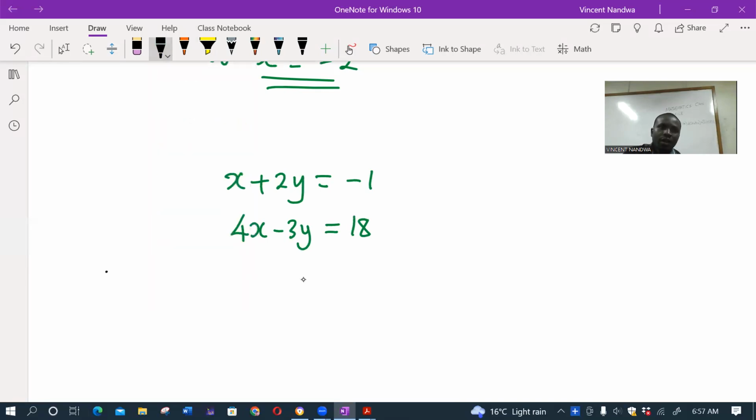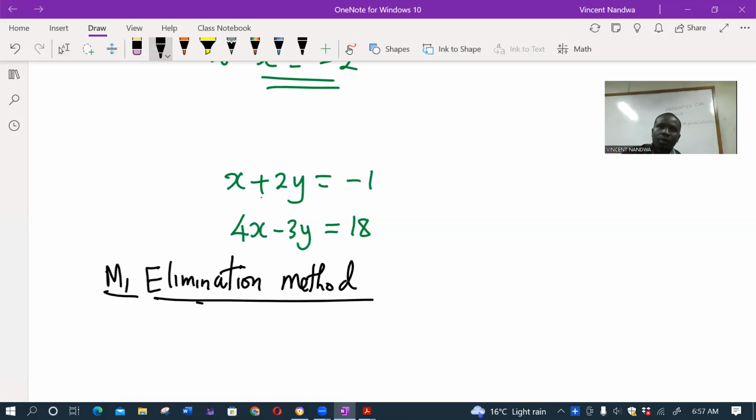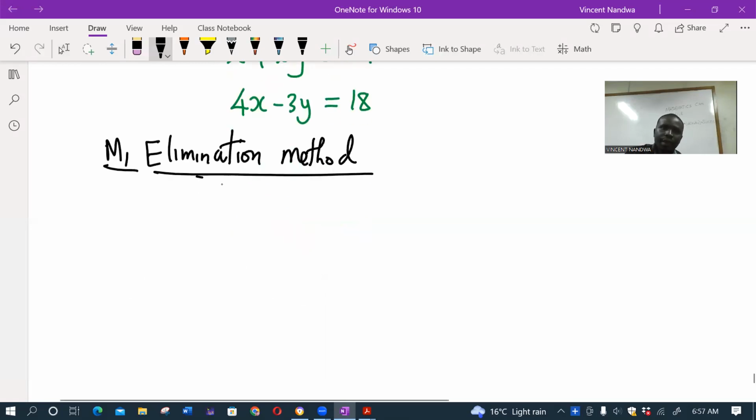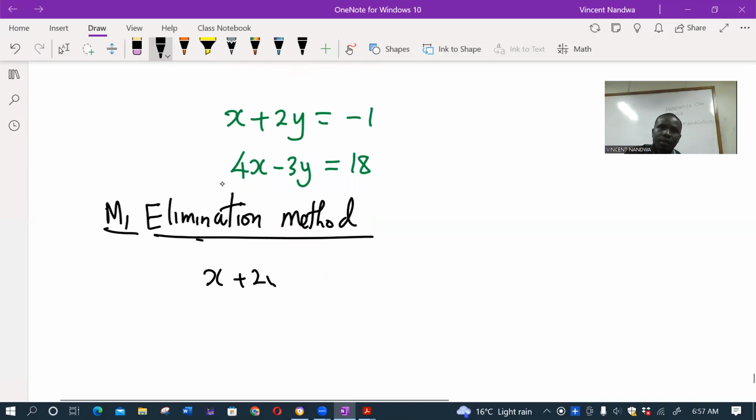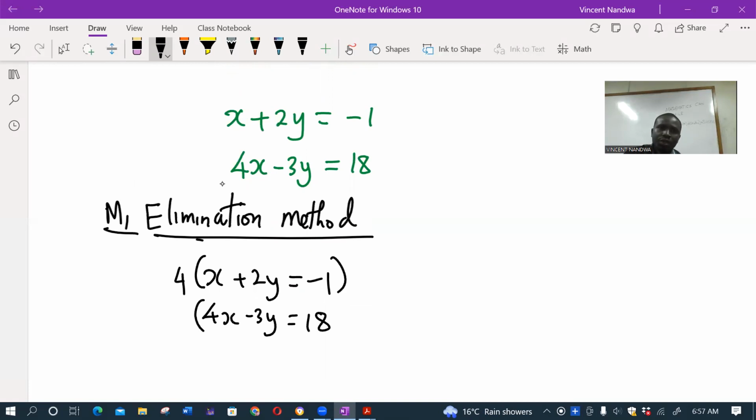If I say method 1, elimination method, I'll write x plus 2y equals minus 1, 4x minus 3y equals 18. So I multiply the first equation by the coefficient of x in the second equation, which is 4, and multiply the second equation by the coefficient of x in the first equation, which is 1.